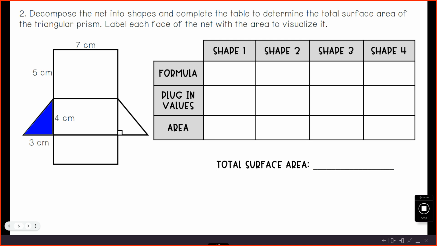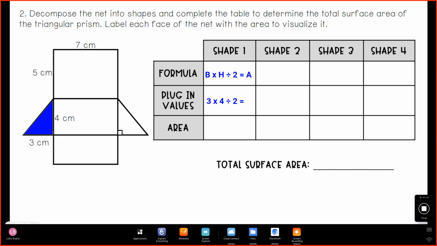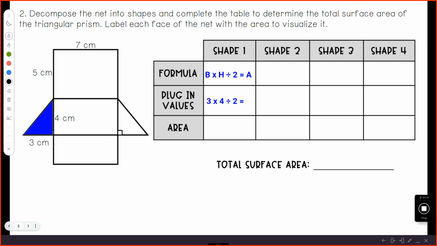Let's take a look at the first face that we see. This is a triangle, and the formula to find the area of that triangle is base times height divided by 2. If we look at the numbers that we have here, it's 3 and 4. So this is 3 times 4 divided by 2, and that means that the area of this triangle right here is 6 centimeters squared.